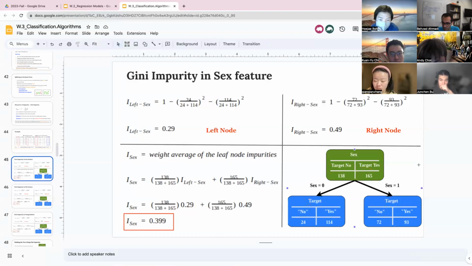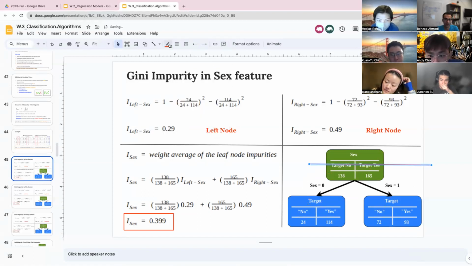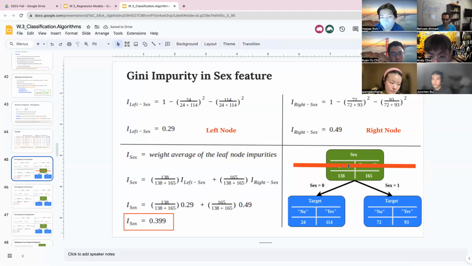Let me take this and put a line here. That's probably the right way too. Okay, I'll take a note of it. So yeah, it's not the target yet.